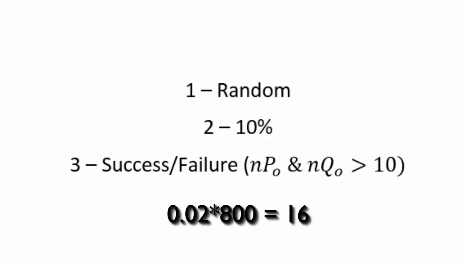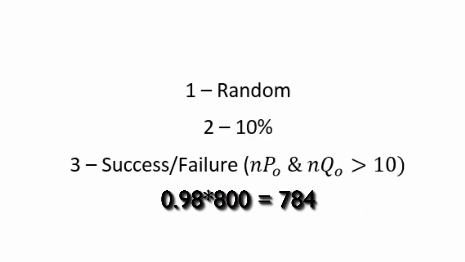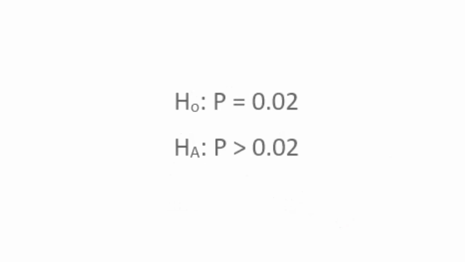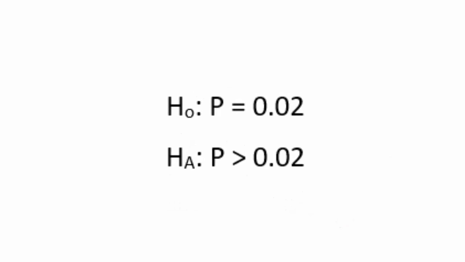If 2% of 800 is bad, we would see 16 bad cans according to the null. 16 is greater than 10. Make sure to work the math here. You can also do it for q0. In this instance, 0.98 is very large. So if we would see 16 bad cans according to the null, we would see 784 good cans according to the null.